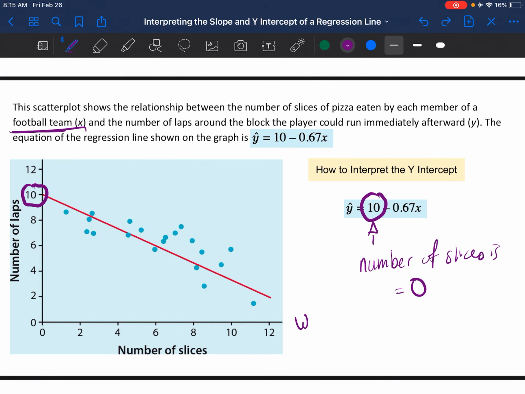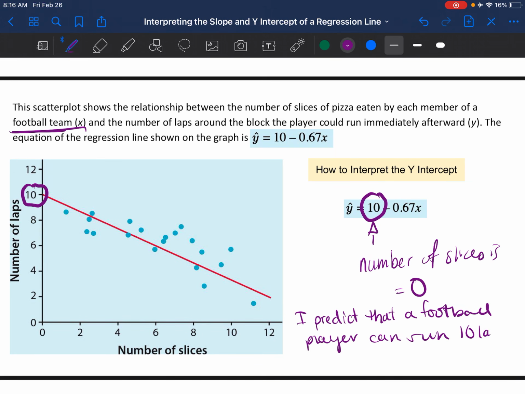So I predict, or my model predicts, the line predicts, I predict that a football player can run 10 laps with no pizza eaten, or when they have eaten 0 slices of pizza.